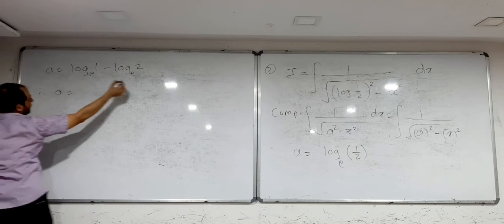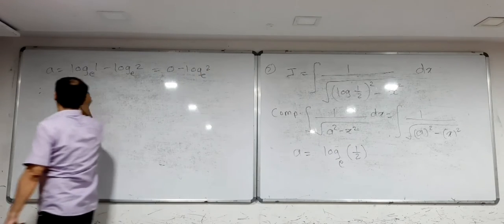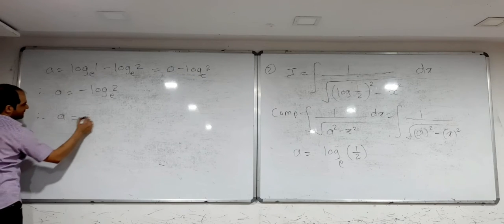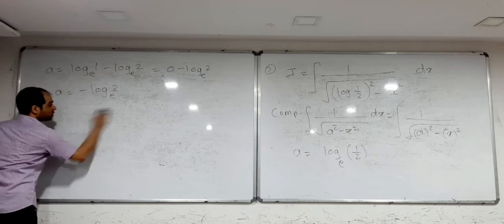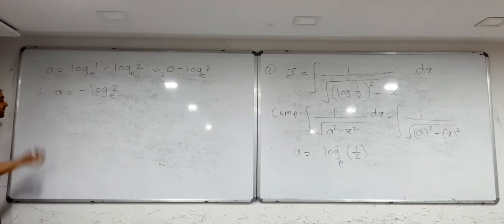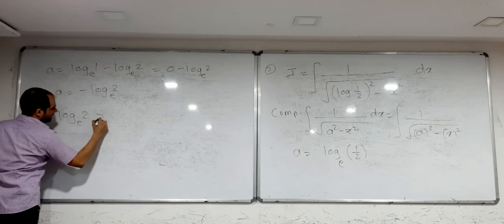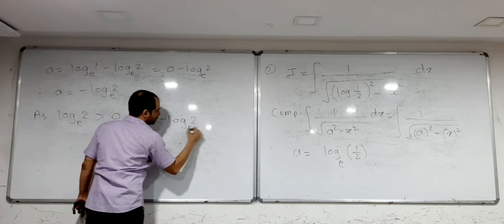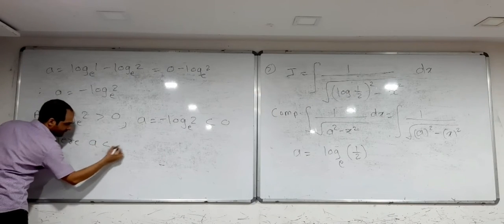Log 1 is 0. So 0 minus log 2 to the base e. So a is minus log 2 to the base e. How is log 2 to the base e? Positive. As log 2 to the base e is greater than 0, a, which is minus log 2 to the base e, is less than 0. So here a is less than 0.